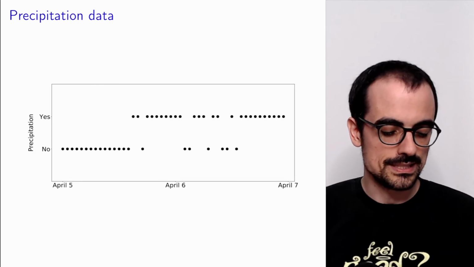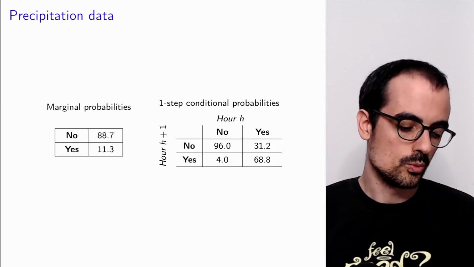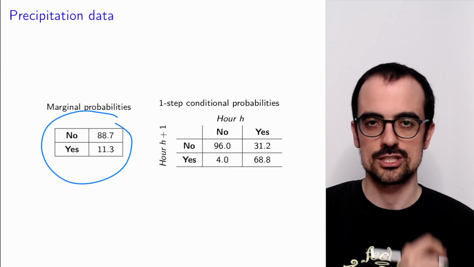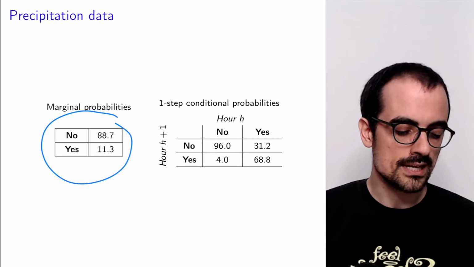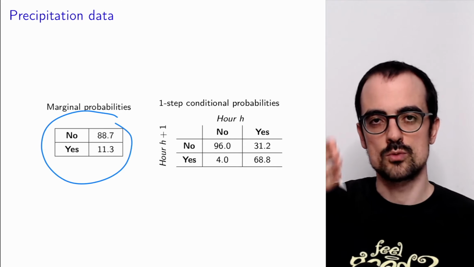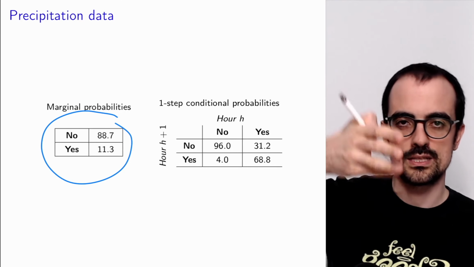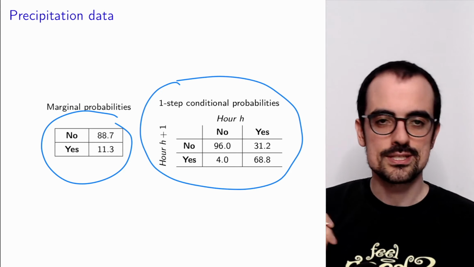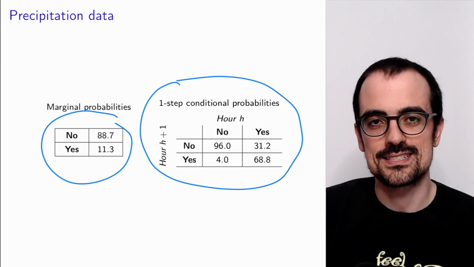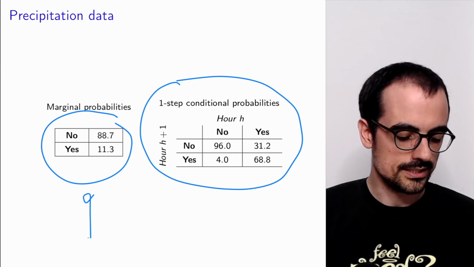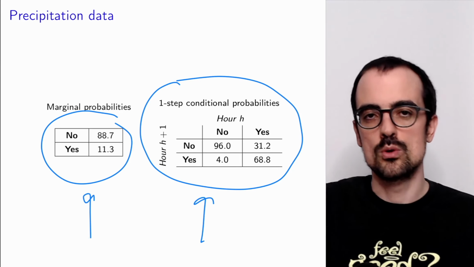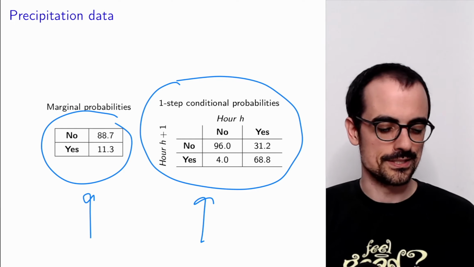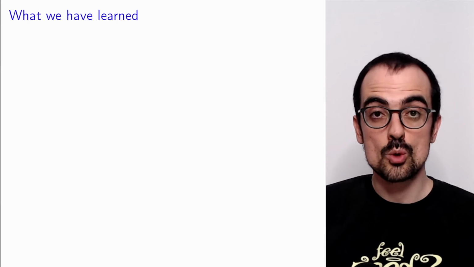So for the precipitation data, you would compute the marginal probabilities to see what would be the probability at the beginning of precipitation or no precipitation, and then you would estimate the conditional probabilities of whether there's precipitation at one point given the previous point. You estimate them from data, and with this conditional independence assumption, with just these two quantities, you can estimate the full joint PMF and do whatever you want with this probabilistic model of the time series.